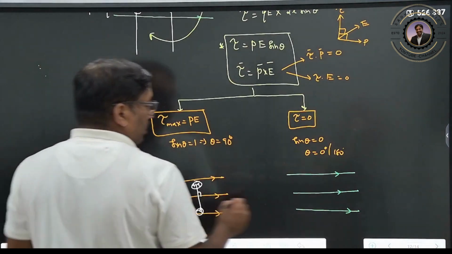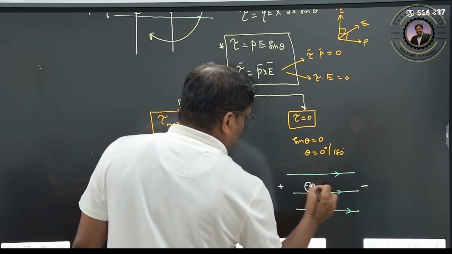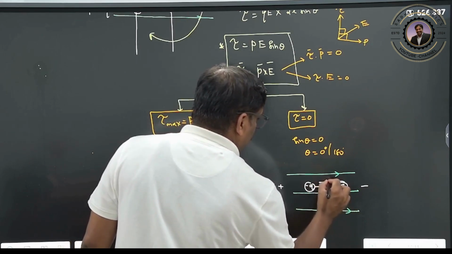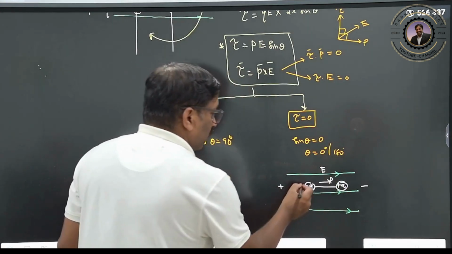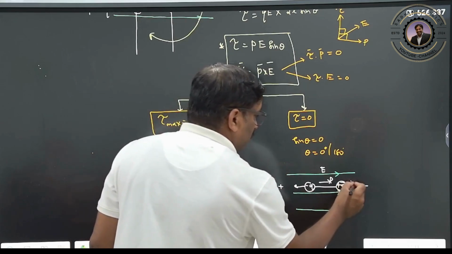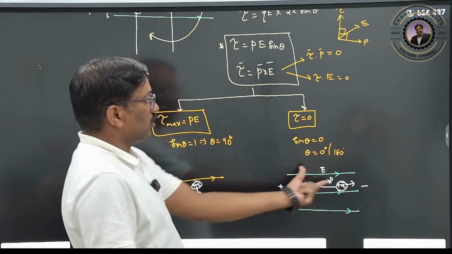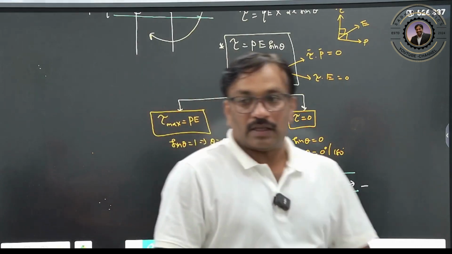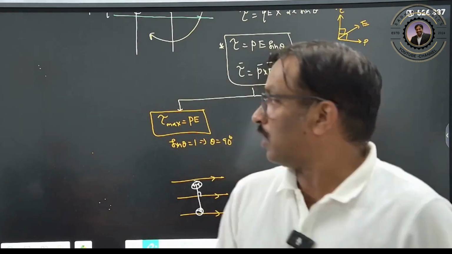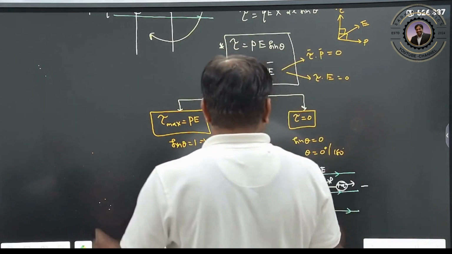Here this is negative, this side it is positive. This is your dipole moment, and this side it will be your electric field. This side it is going to experience a force, and this side also a force, and net elongation takes place. So torque will be 0 in this case. Clear? So this is the torque experienced by the dipole in a uniform electric field.